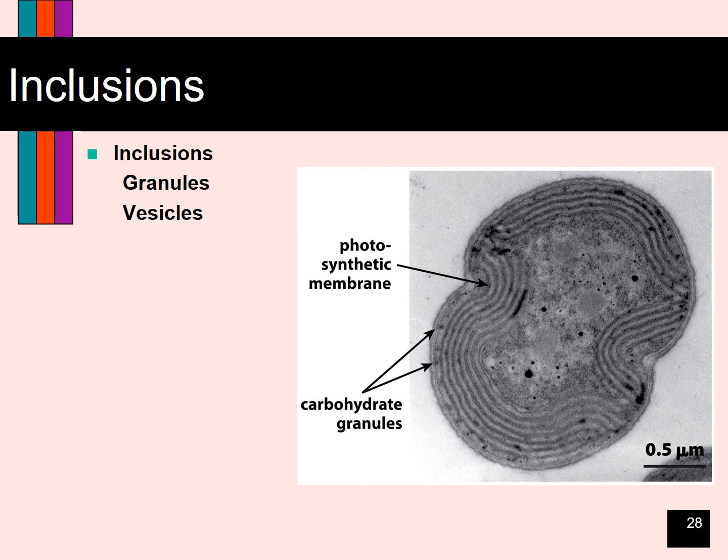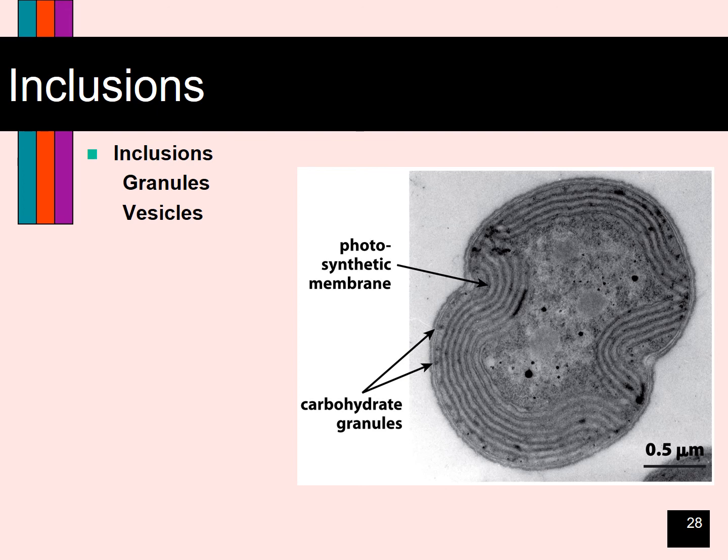You can see those little round granules within the cell. Those are inclusions. And granules, storage granules, are just granules that are created, in the case of the carbohydrate granule, by carbohydrates, polysaccharides.